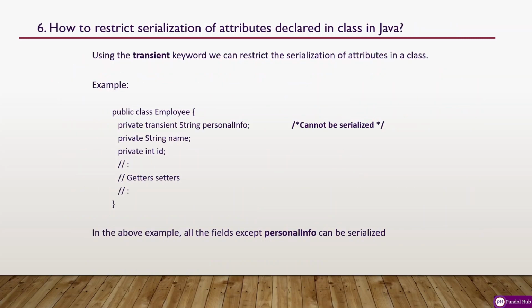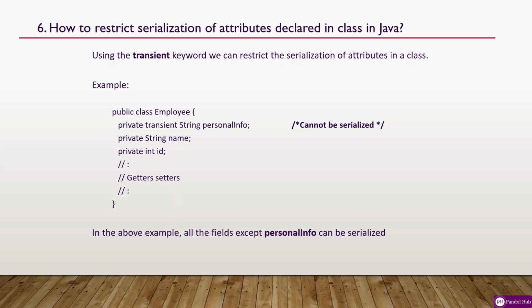So how do you restrict serialization of attributes declared in a class in Java? It's fine that you're able to do serialization and you're able to clone the objects. But if you have a class with a set of properties and you want some of the properties not to be serialized during the serialization process, how can you do that? Using the transient keyword, we can restrict the serialization of attributes in a class.